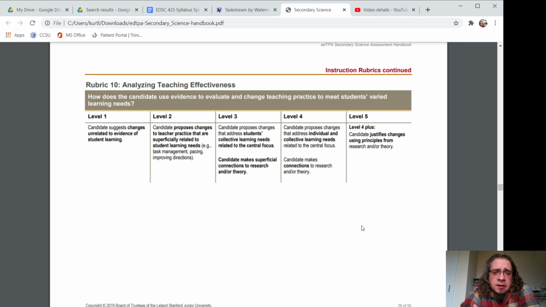And then if it's strongly connected in a very high quality way, then you're at level 5, right? If it's connected to research and theory. Okay, so that pretty much sums up 2.